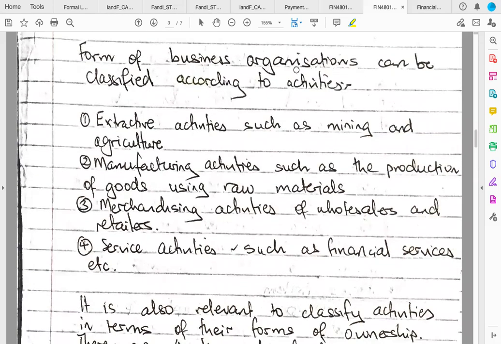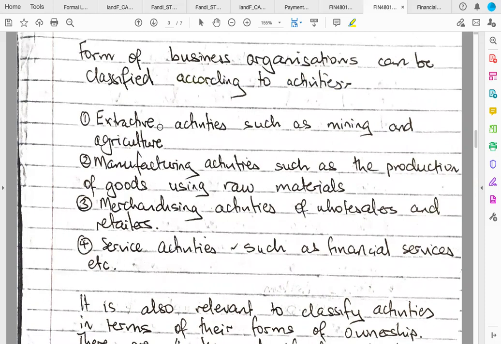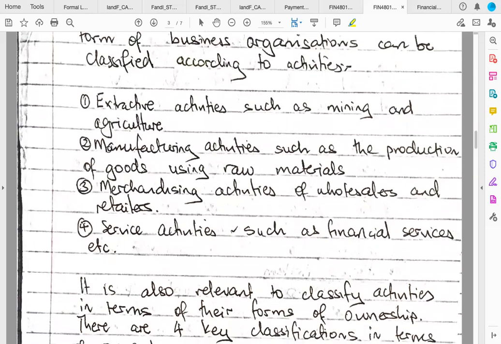So forms of business organizations, according to Correira, we can classify businesses according to their activities. We can have businesses involved in extractive activities such as mining and agriculture. So a business would be described as an extractive business, or a business in extractive activities, if it's into mining and agriculture.